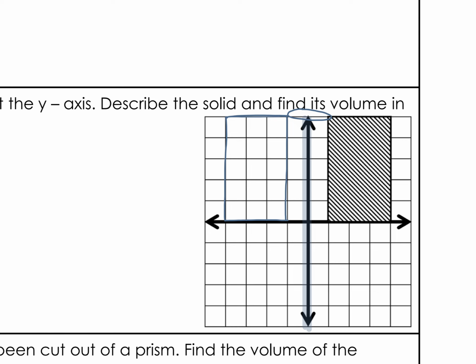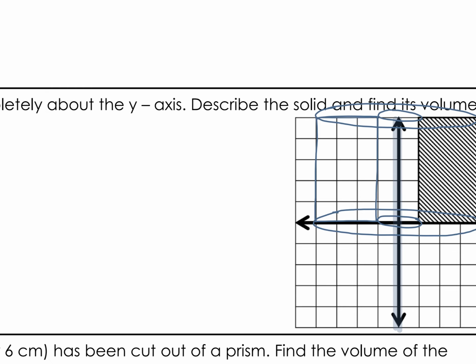Now, it's not going to be perfect, but it will give you an idea of what is happening. Which you'll start to kind of see a cylinder shape being formed, but with a cylinder-like hole through the middle of it.